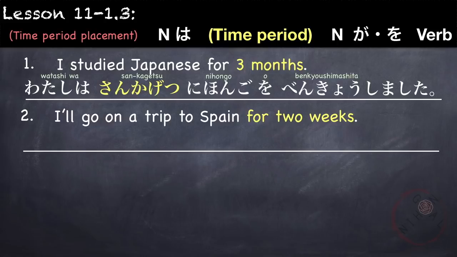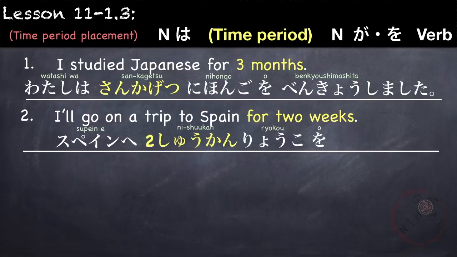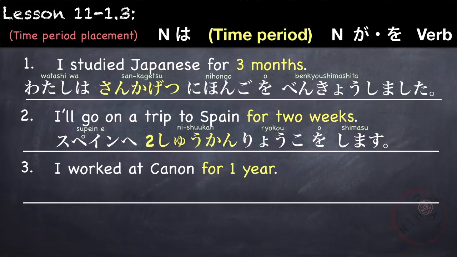I'll go on a trip to Spain for 2 weeks. Okay, let's drop our topic, which is 私は, and just say Spain, to Spain. スペインへ2週間旅行します。I worked at Canon for 1 year.